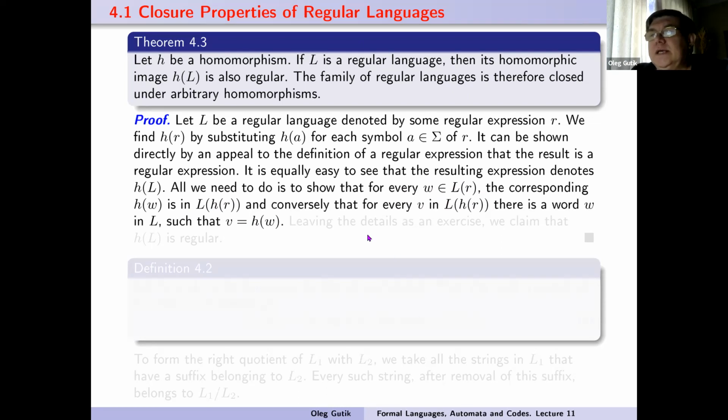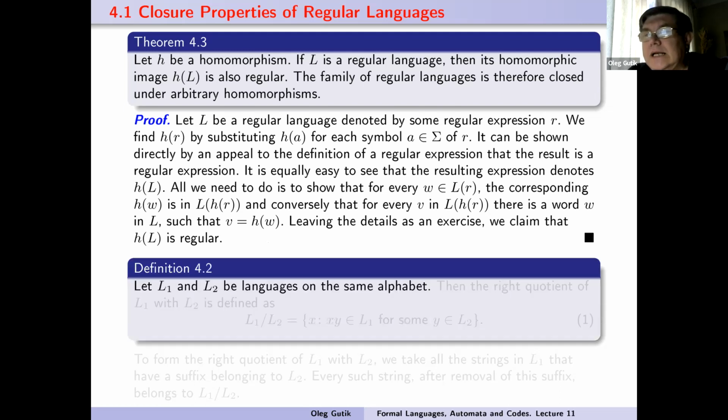And conversely, every word v which lies in the image of the expression r by the homomorphism has a word w in the language L such that v is equal to h(w). Leaving the details as an exercise, we claim that the image h(L) is regular.